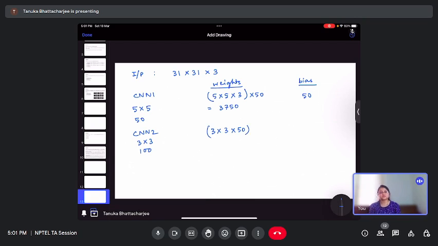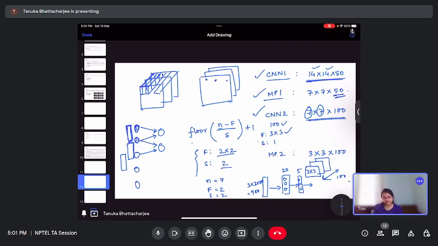This many weights will be there for one filter. Like that you will have 100 filters, and since 100 filters, bias terms will be 100. So this will amount to 45,000. These are the number of weights for the CNN layer.